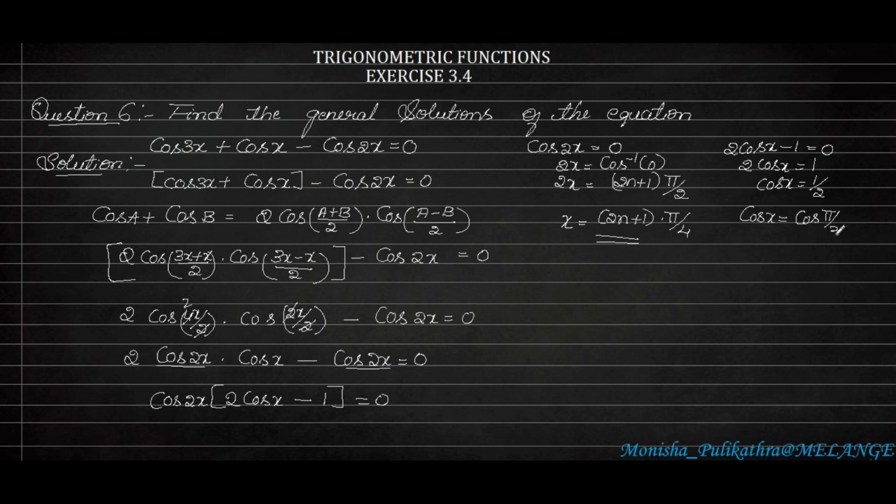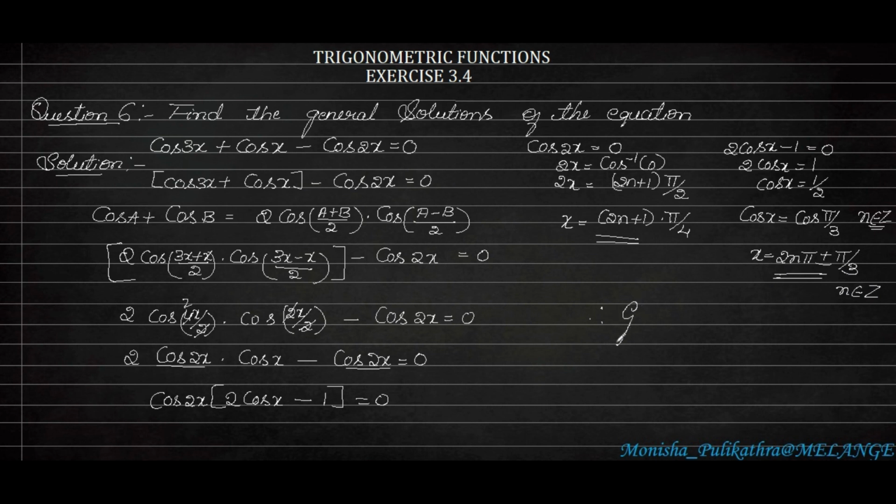So cos pi by 3 is equal to 1 by 2, where n belongs to the real numbers. Therefore, the general solution is 2n pi plus or minus pi by 3. This is the second general solution, where n always belongs to the real numbers.